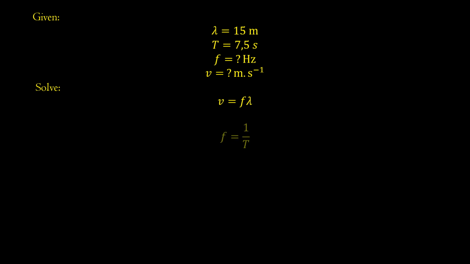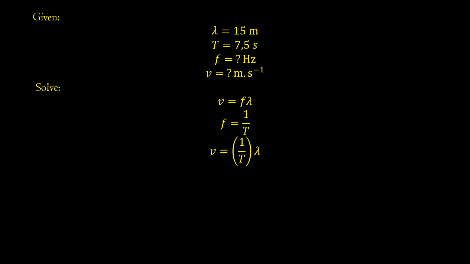But we also know that the frequency is related to the period through this equation here, which is 1 divided by T. So we can just substitute 1 over T in the place of f. And when we do that, we are left with the speed v equals brackets 1 over T multiplied by the wavelength lambda.